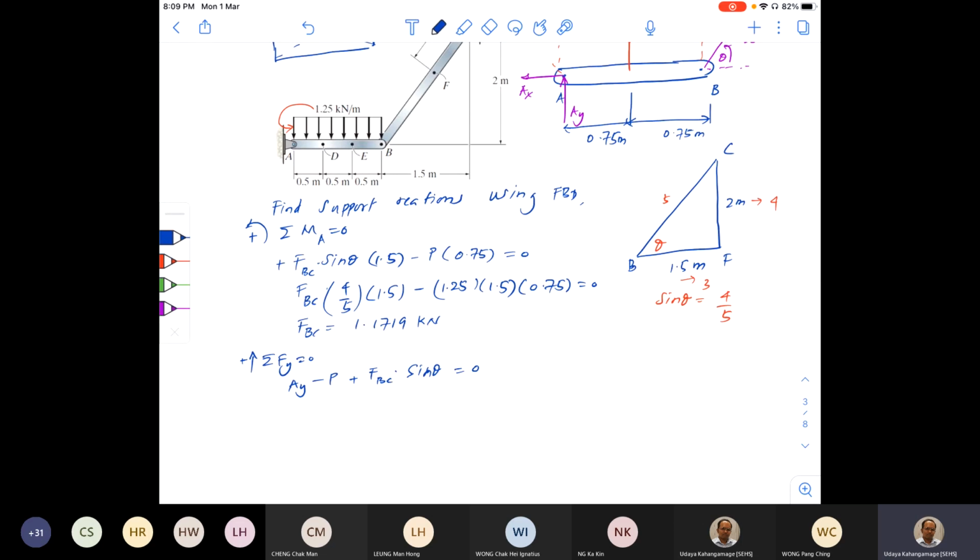So can you do the calculation? I write the answer I got: 0.9375 kilonewton. This is the answer I got.